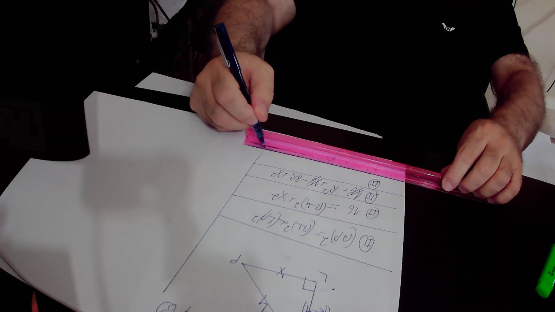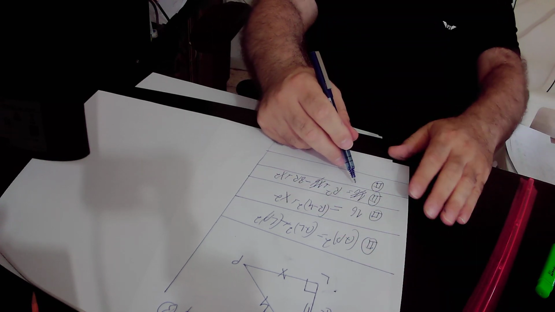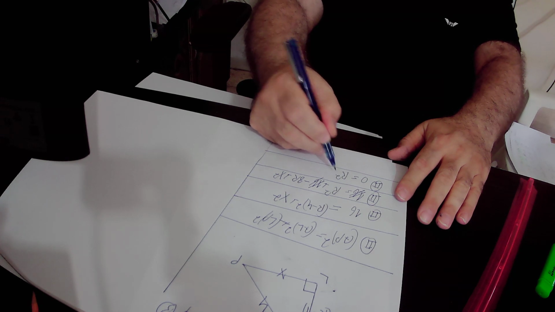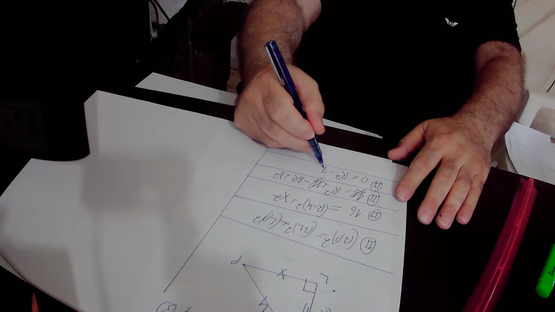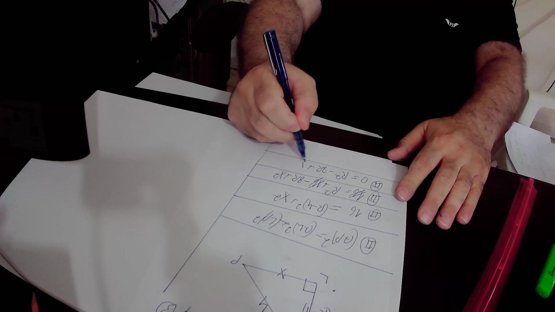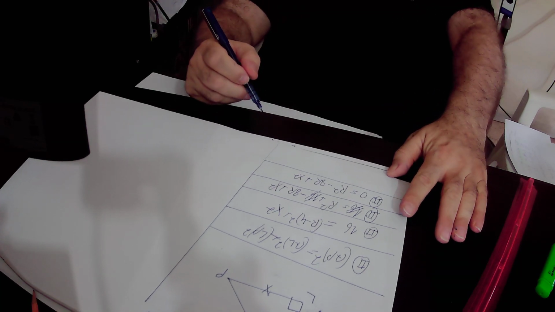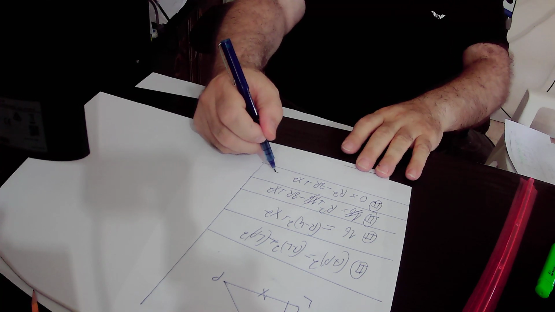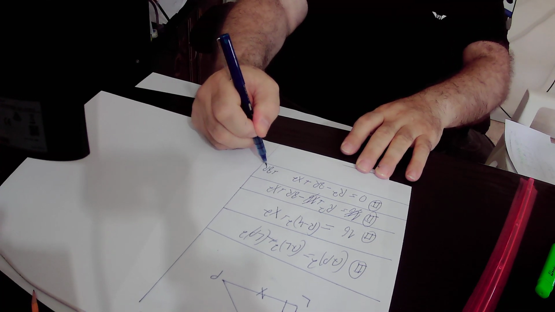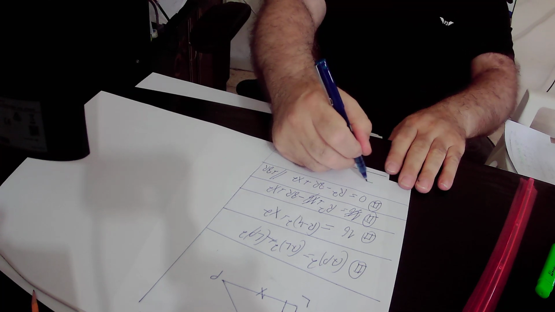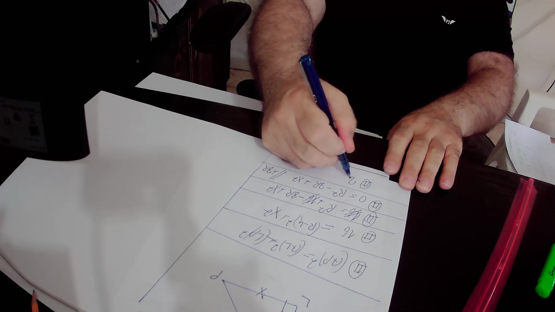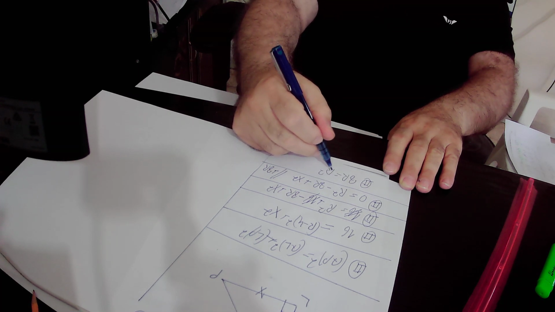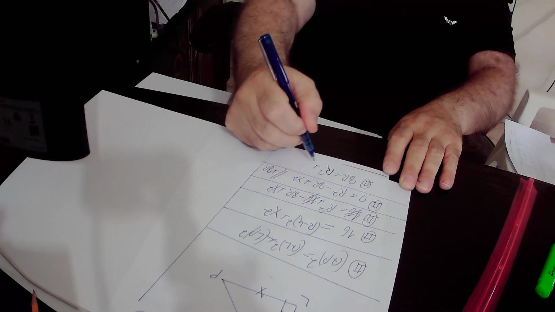On this side of the equation nothing is left, so we have 0, that is equal to R squared minus 8R plus X squared. So here we will add 8R to equation number 2, and we get that according to equation number 2, 8R equals R squared plus X squared.